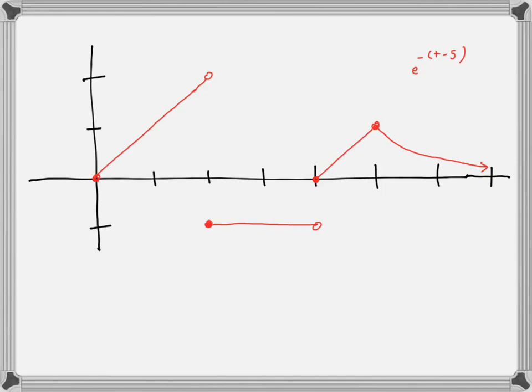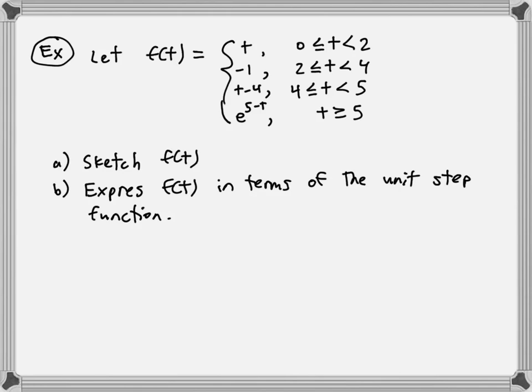We're looking at this function, and now we want to express f of t in terms of the unit step function. So let's go back to our definition here. Let's think about this. We are turning it on at 0, but remember I said instead of using u0 of t, we're going to use 1.